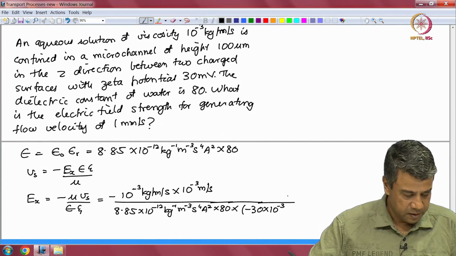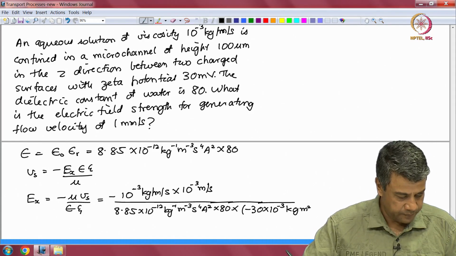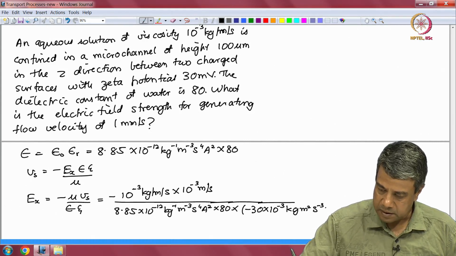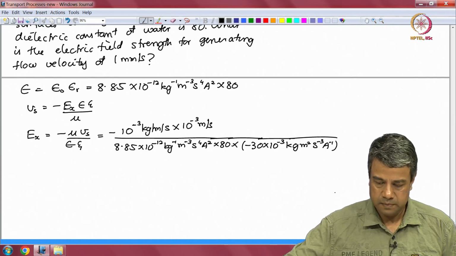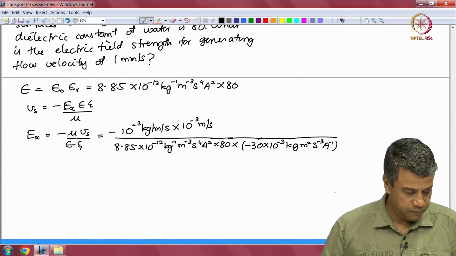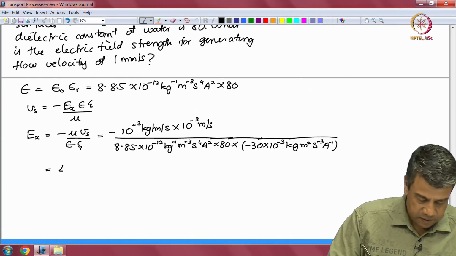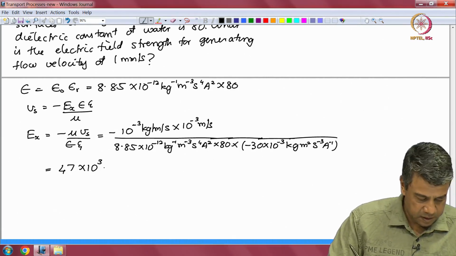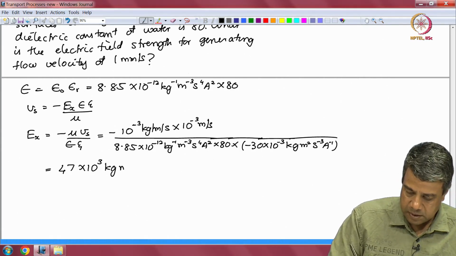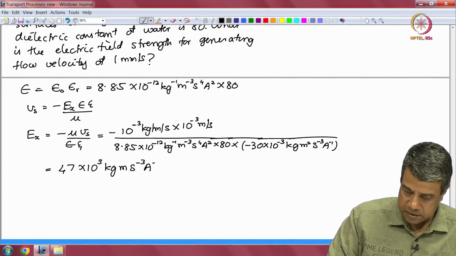Volt has dimensions of kg meter square second power minus 3 ampere inverse. If you do the calculation, you will get 47 into 10 power 3 kg meter second power minus 3 ampere inverse.